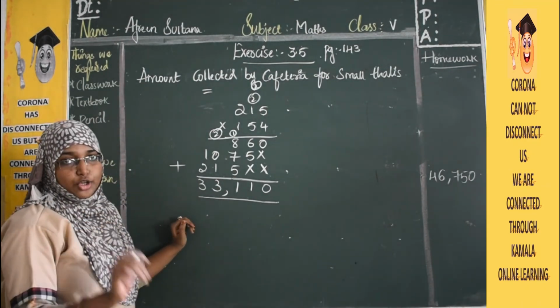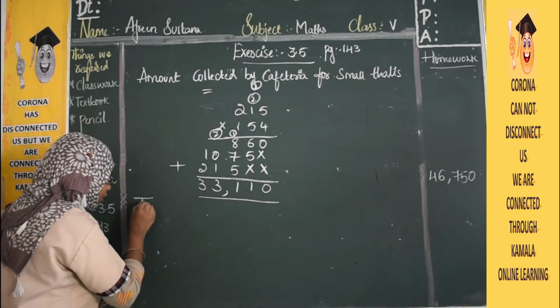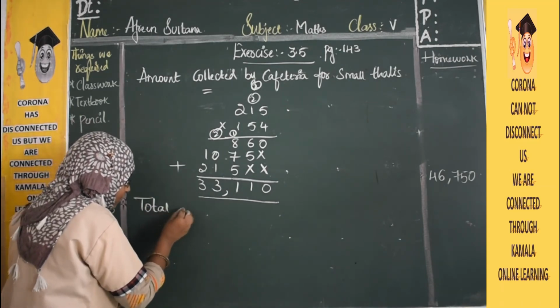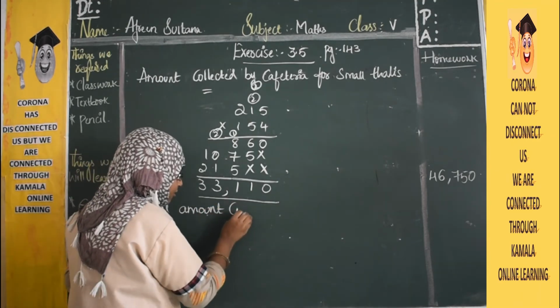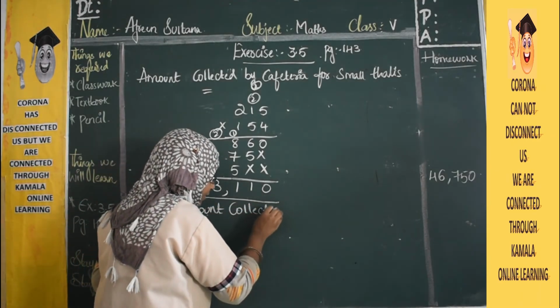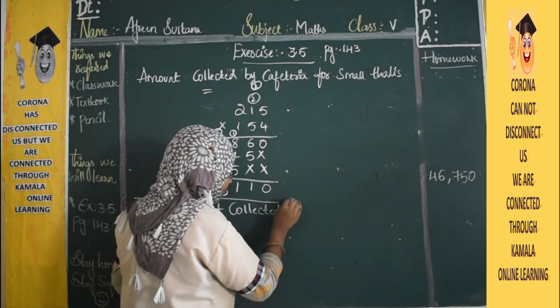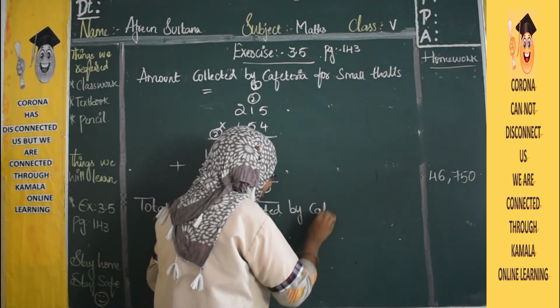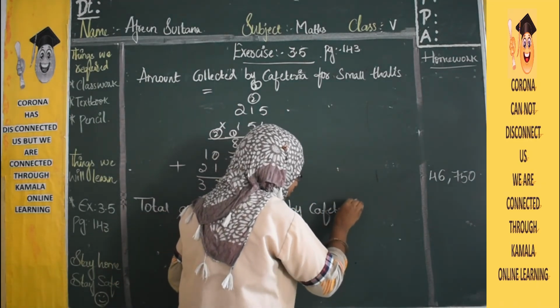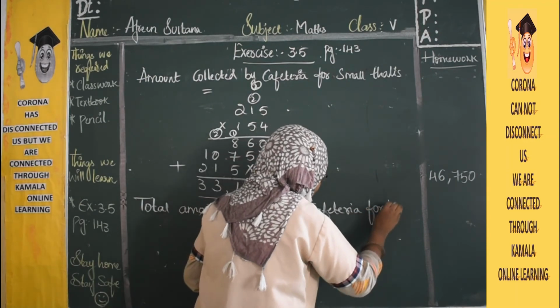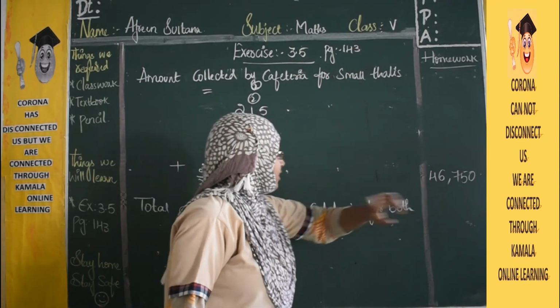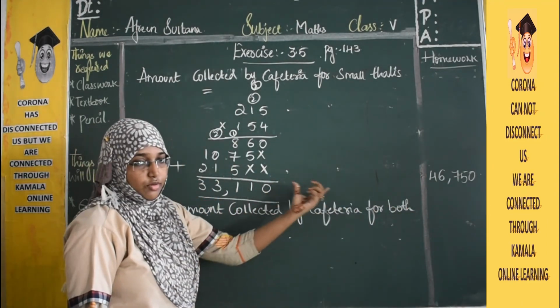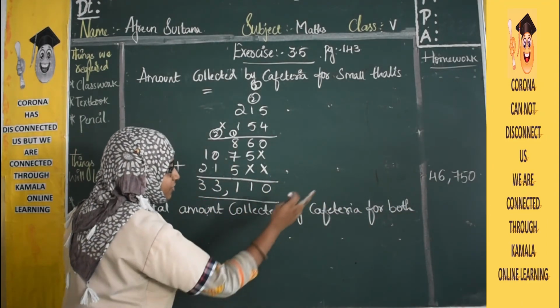And again in total, what do we have to find? The total amount collected by the cafeteria for both, for big and small thalis. Now we need to add: this is the amount for big thalis and this is the amount for small thalis. Now we are going to add both values. See, it's a 5-digit number.